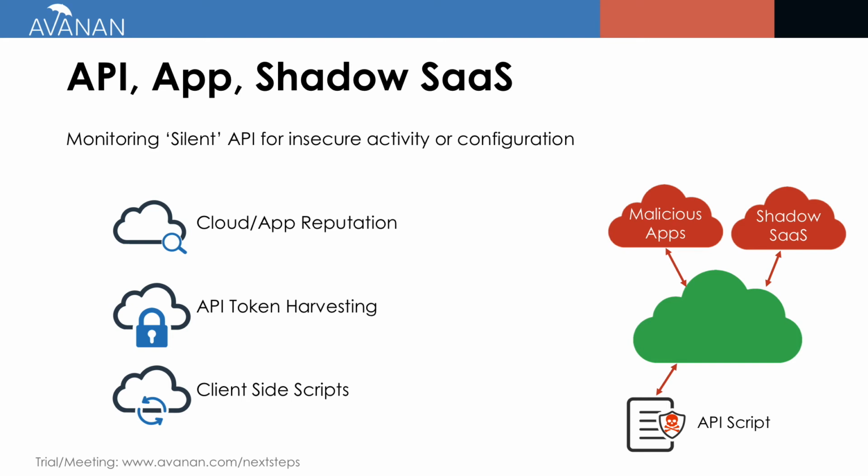In addition, API token harvesting. So sometimes you may not receive a direct phishing attack that attempts to steal the user's password, but rather someone can send your users a link to authorize a legit Microsoft application. That will bypass just about any URL reputation engine because the link itself goes into Microsoft.